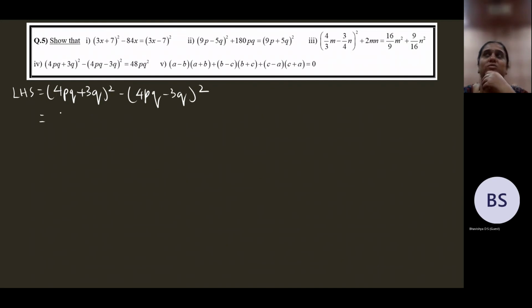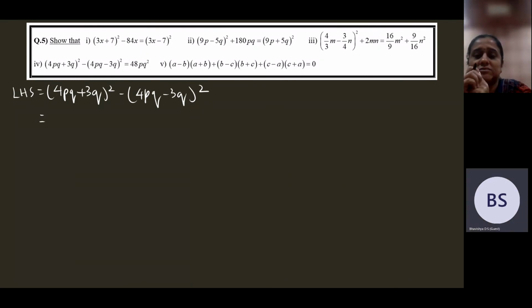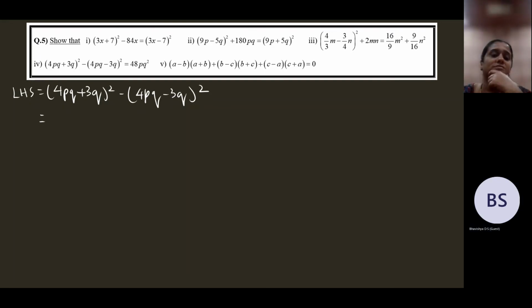Yeah, what is A plus B the whole square? Ma'am, a plus b and a minus b, ma'am. A plus B the whole square is A plus B into A minus B. No, ma'am. A square plus 2ab plus b square. Yeah.